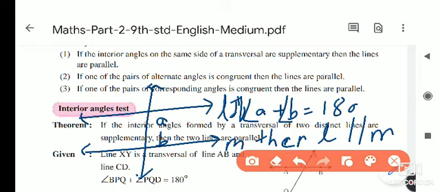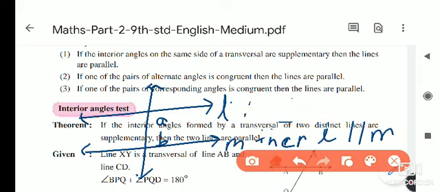Okay. Another test: if one of the pair of alternate angles is congruent, then also the lines are parallel to each other.